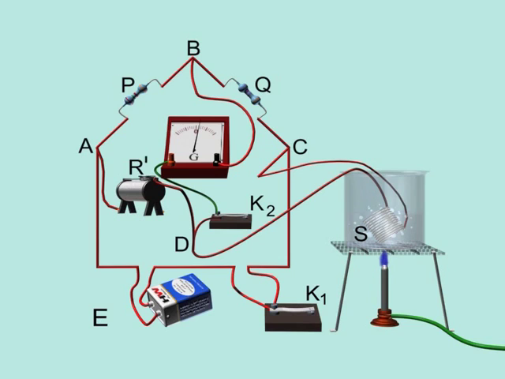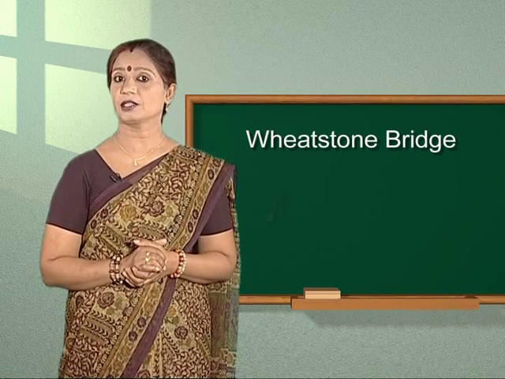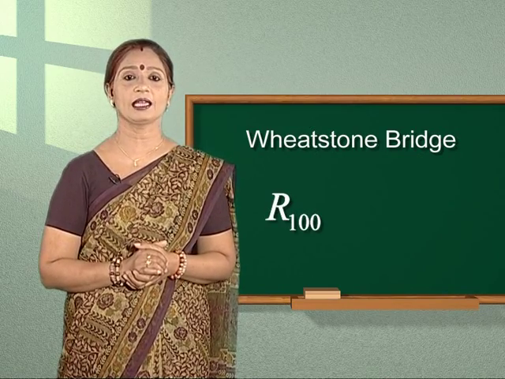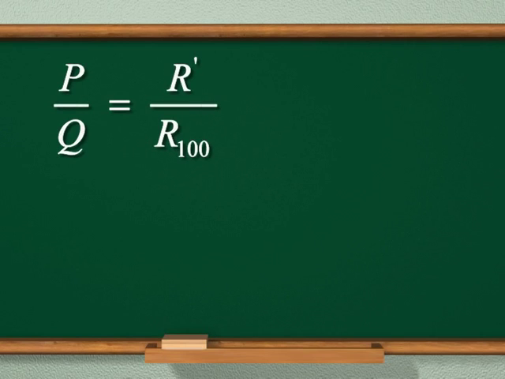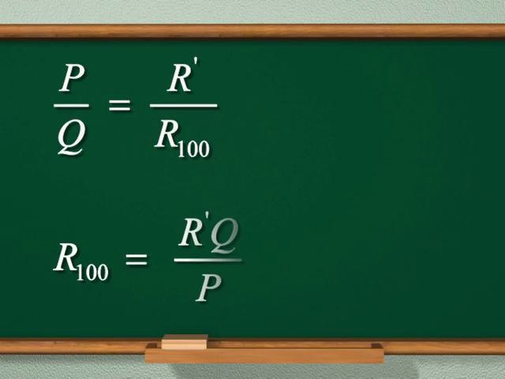Now, keep the platinum wire into steam at 100 degrees Celsius and repeat the experiment. Let R dash be the resistance of the arm AD for which the bridge is balanced. If R100 be the resistance of platinum wire at 100 degrees Celsius, then P upon Q is equal to R dash upon R100, or R100 can be written as equal to R dash Q upon P. We will call this equation 6.